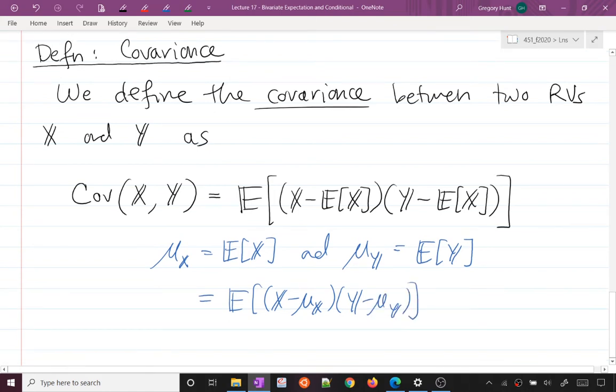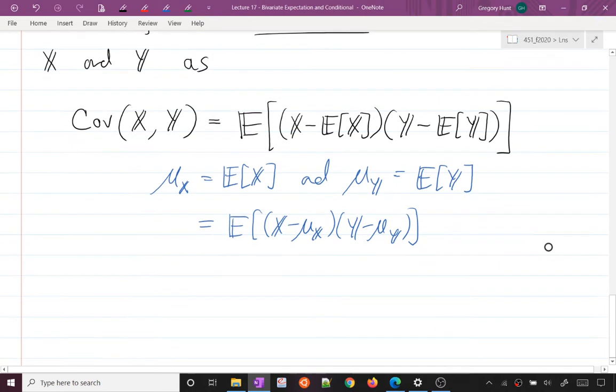This notation is mostly just to remind us that the expected value of x and the expected value of y are just numbers. So just to fix my typo there, it is the expected value of x minus its expectation times y minus its expectation. So it's all of that, x minus mu x times y minus mu y, thrown into the expected value again. Okay.